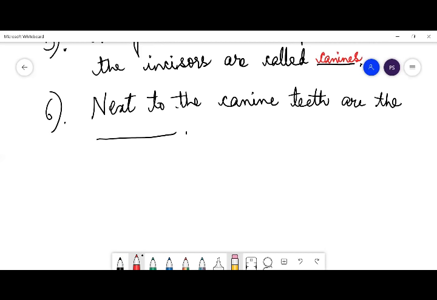Next to the canine teeth lies which teeth? Do you remember that? I hope all are remembering. If not, go through the lecture once again and then answer these questions on your own. The answer is premolars.